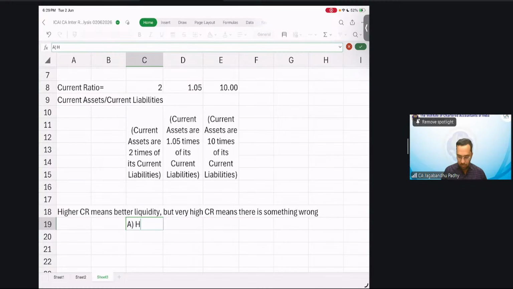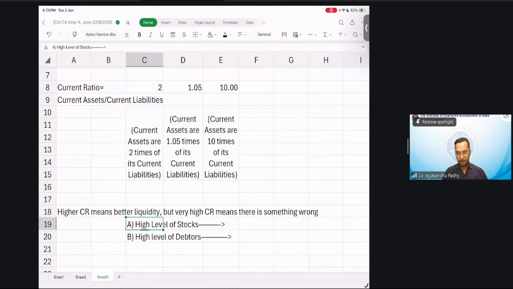First up, you can have high level of stocks, right? Or second thing, you can have high level of debtors, right? What could be the other reason?